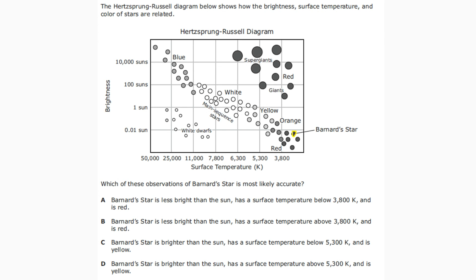So it's a part of the main sequence stars. Barnard's star is less bright than the sun, which means it'll have to be below the sun, and has a surface temperature below 3800 Kelvin and is red. So our sun is about right here.